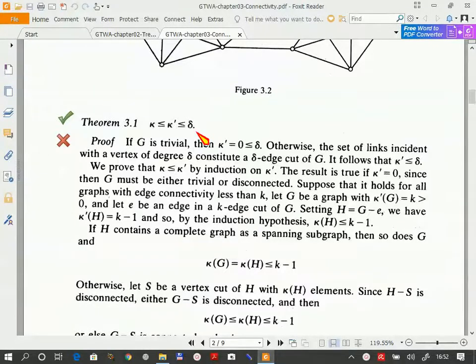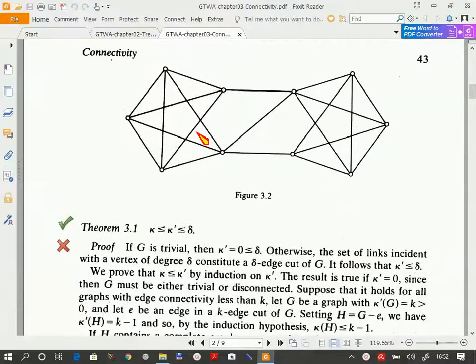This graph is nice for seeing this. Why? Because how many vertices do you need to delete if you want to disconnect the graph in a minimal way? Of course, you might delete quite a lot, but what's the minimum number of vertices to delete? 2.